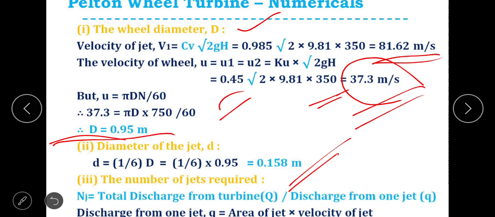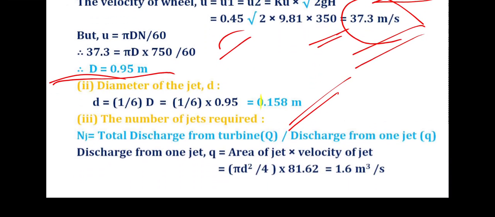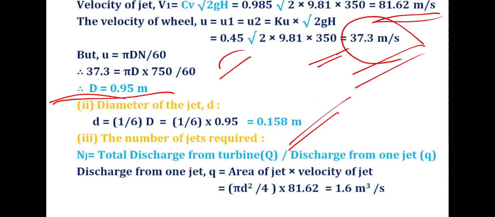The number of jets required, Nj, is equal to total discharge from the turbine, that is capital Q, divided by discharge from one jet, small q. Discharge from one jet, small q, is given by area of the jet multiplied by velocity of the jet, because we know Q is equal to AV.